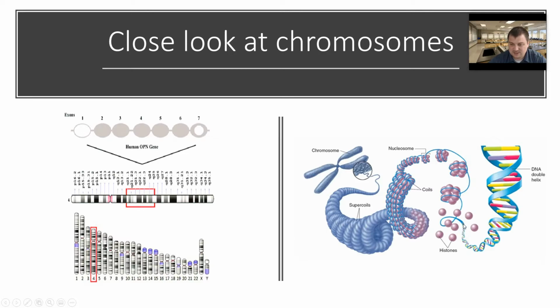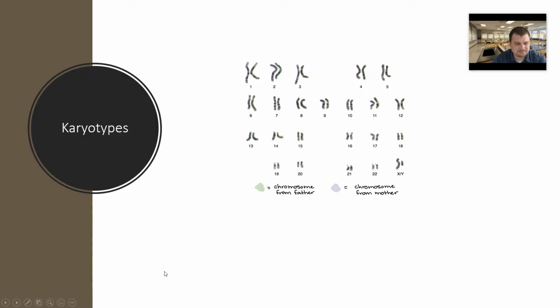The other thing you'll notice is that this DNA is tightly compacted around proteins called histones. These histone proteins create what's called supercoiling, tightly compact coiling to make your chromosome, and it's because it's so tightly compacted that we can actually see it with a microscope. If you were to try to see this right here in a microscope, good luck, right? It's just way too small. And we have so much DNA in our cells, it's just amazing.